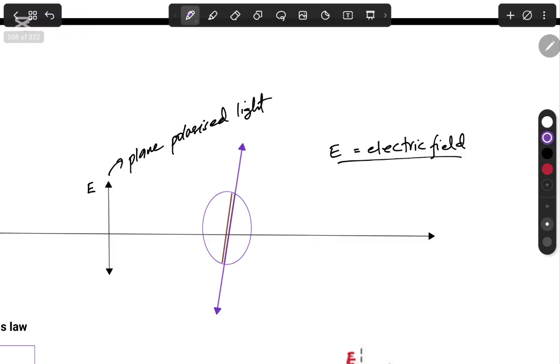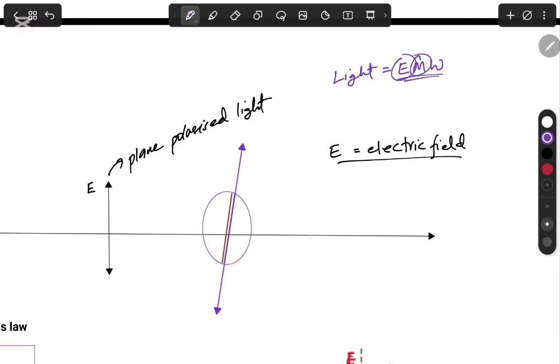Now, you probably would want to know where this connection comes from. So we're looking at light, and we know light has another name. It's called electromagnetic waves, right? They're made of electric field and magnetic field.